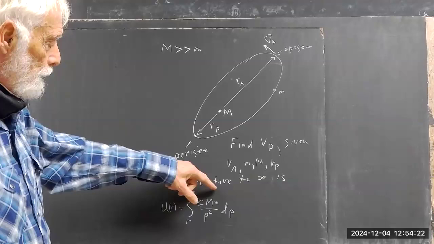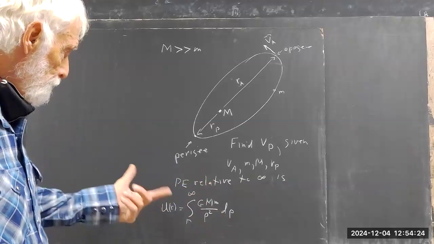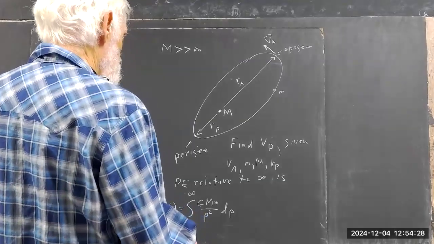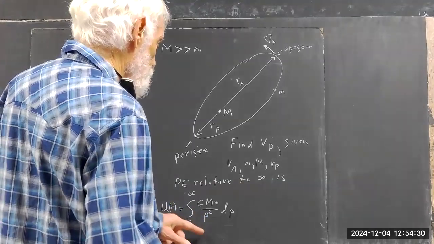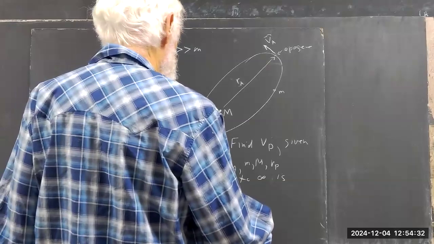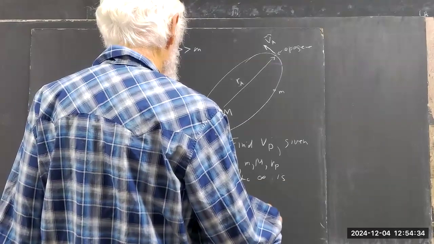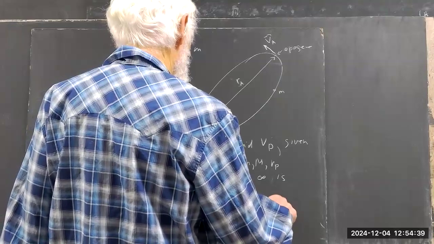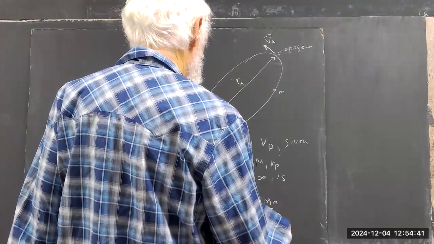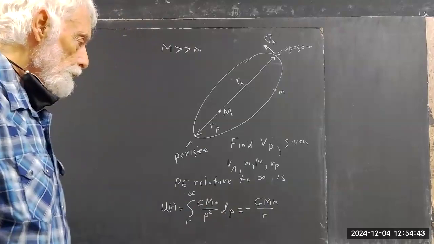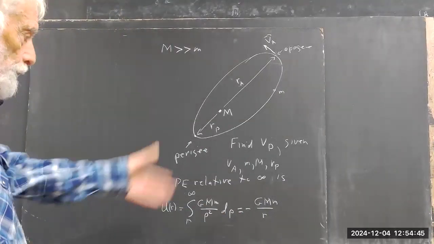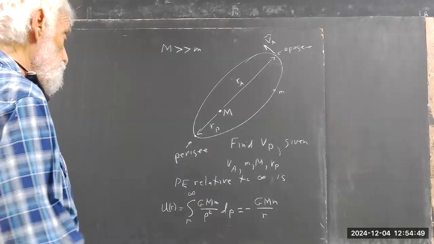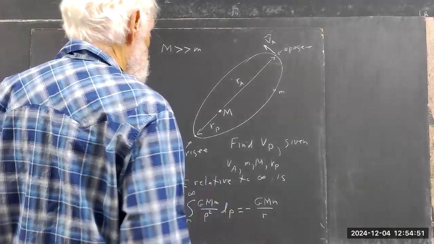It'd be like big G, big M, little m over r squared dr. And that integral is negative big G, big M, little m over r. We did that in detail last week or the week before. So there's our potential energy function.